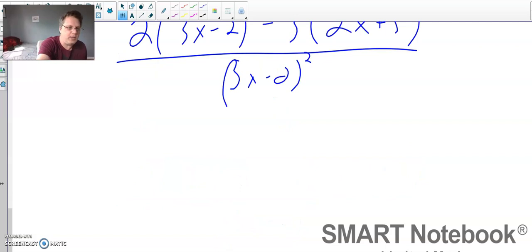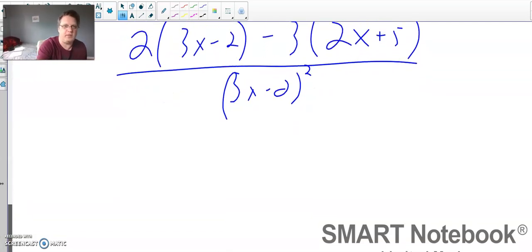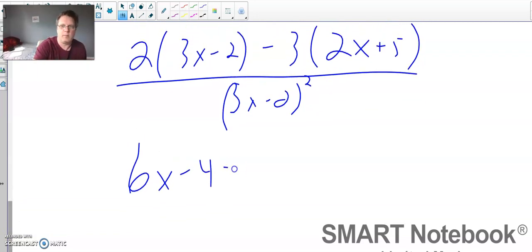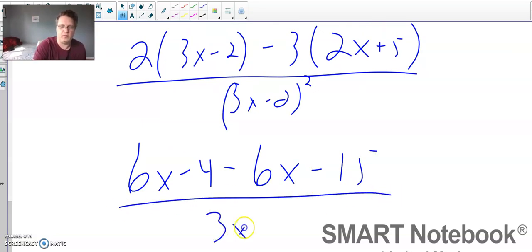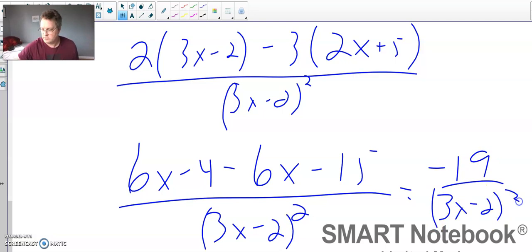I'm trying to look at my notes to make sure I don't miss anything. 6x minus 4 minus 6x minus 15, all over 3x minus 2 squared. The 6x's are gone. Negative 19 over 3x minus 2 squared. Number 17. There you go.